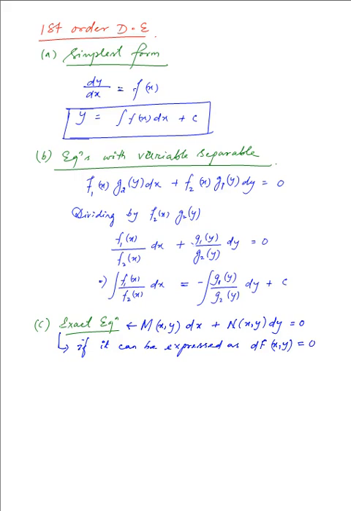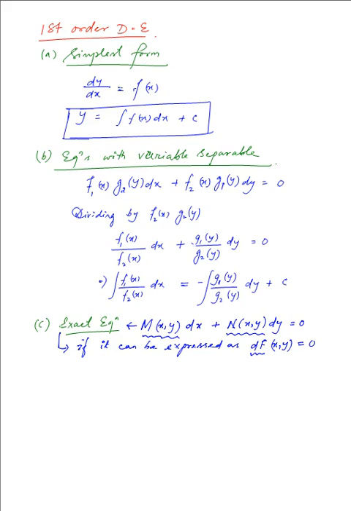That means that the two terms we have there, one multiplied by dx and the other multiplied by dy, can be taken to the form of df, which is a function of x and y. And how do we do that? Let's see if we have any example which will help us understand that.